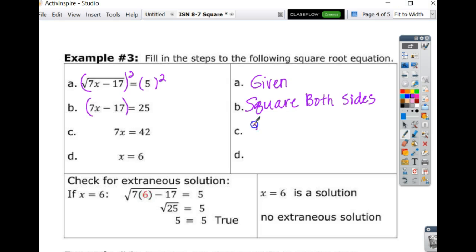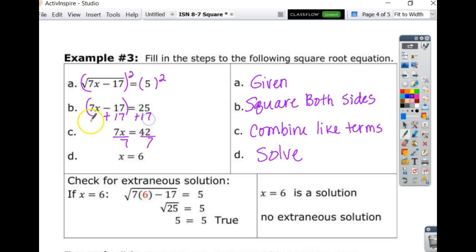Once I square, I'm going to combine like terms. And then solve. So my x is 6.